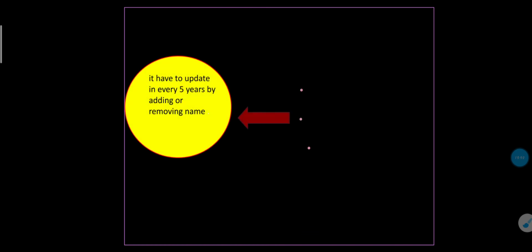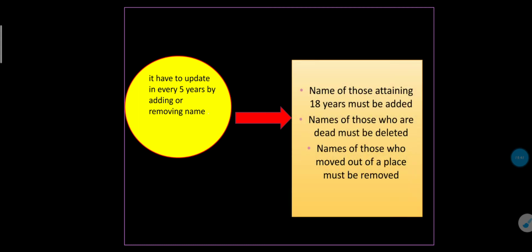Now the question is that it has to be updated every 5 years by adding or removing names. The voter list is prepared by the Election Commission by doing surveys, but it is prepared long before the election.